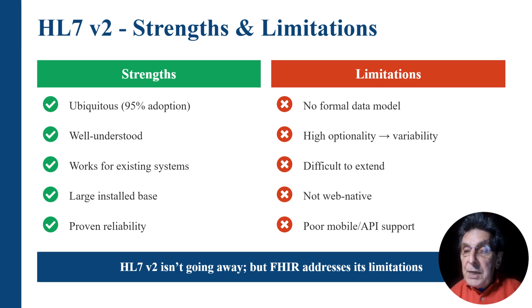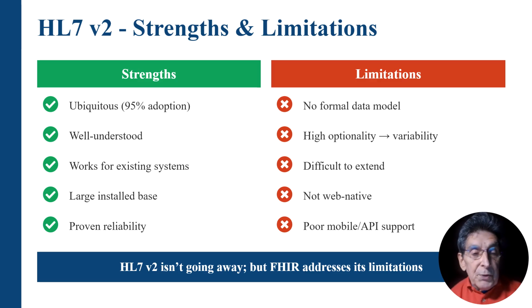There are decades of collective expertise and training materials, tooling, experience, consulting services. It works with all existing systems. If you have a legacy system from the 90s, it probably speaks V2. The installed base is enormous. Billions of messages flow every day. It's very reliable. These interfaces have been running for decades, and the kinks have been worked out.